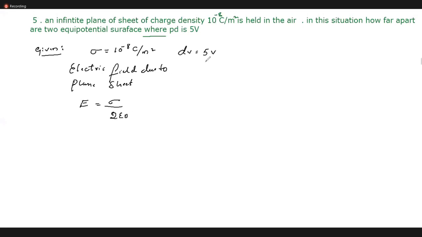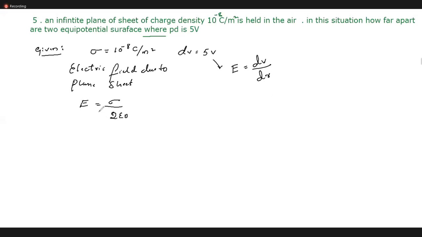Here dV is given, I have sigma, I have E. Is there any relation between the field and dV? We derived E equals minus dV by dr, or taking the modulus, E equals dV by dr. We are neglecting the negative sign.